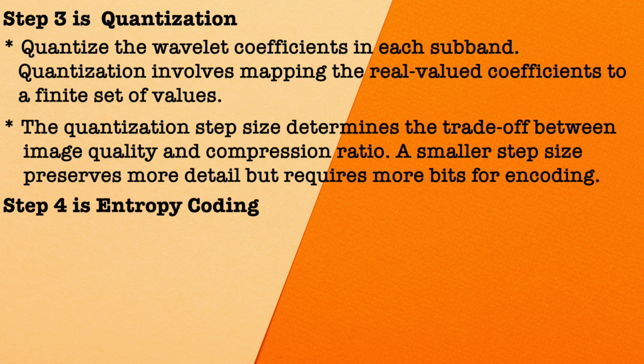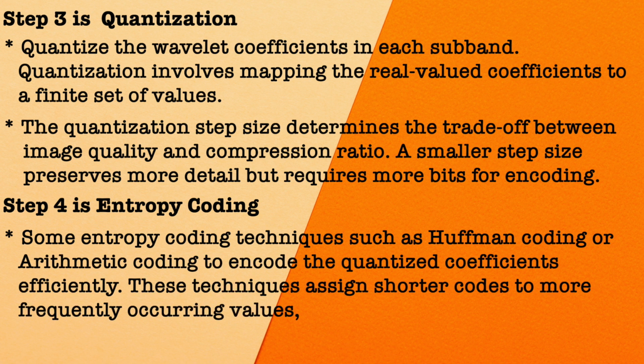Fourth step is entropy encoding. Use entropy encoding techniques such as Huffman coding or arithmetic coding to encode the quantized coefficients efficiently. These techniques assign shorter codes to more frequently occurring values, reducing the overall bit rate.